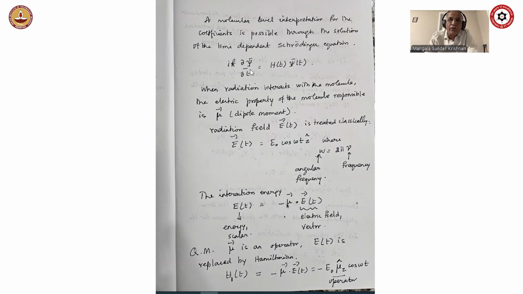Now, that interaction energy is minus mu dot E(t), the dipole moment dotted with the electric field vector. This is a scalar product.